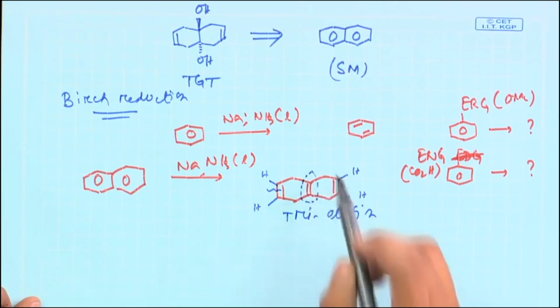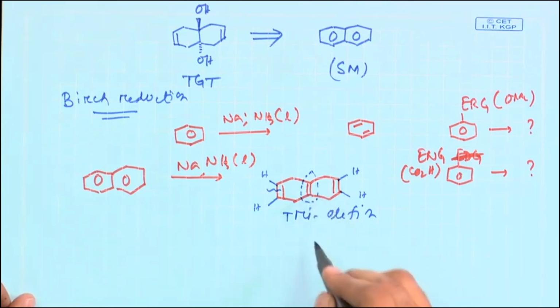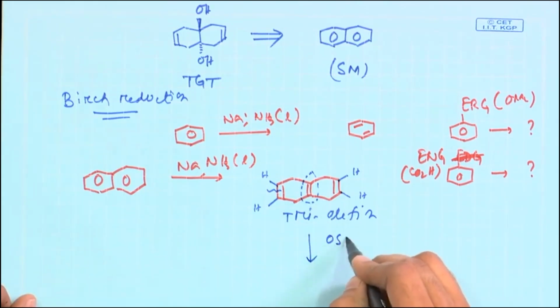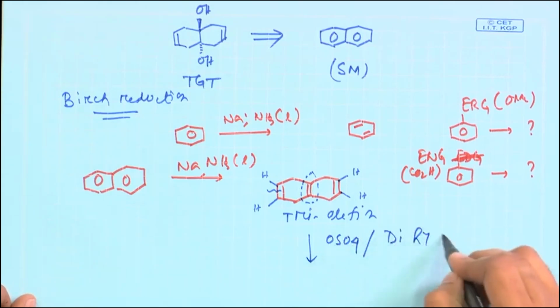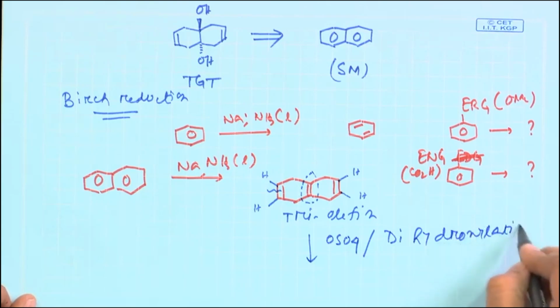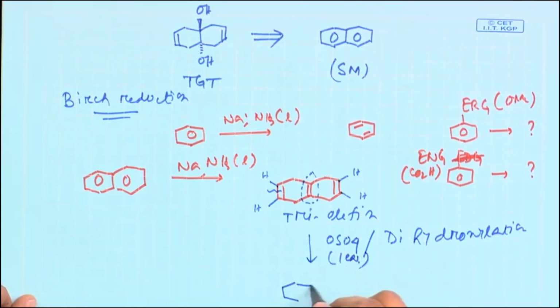It does not have a hydrogen, so it is more electron rich, and that is why, when you do a dihydroxylation with osmium tetroxide, using 1 equivalent, you can control the geometry.